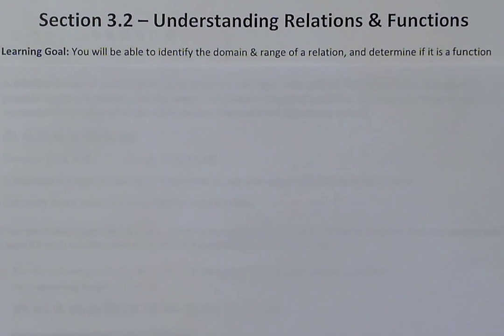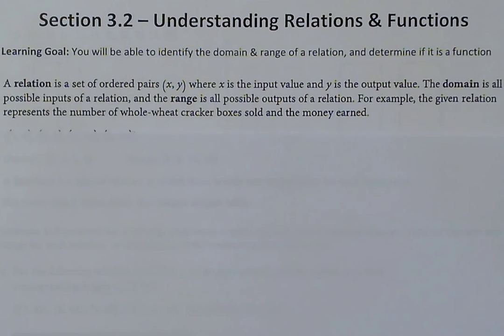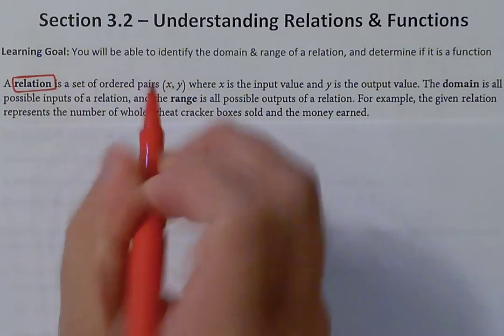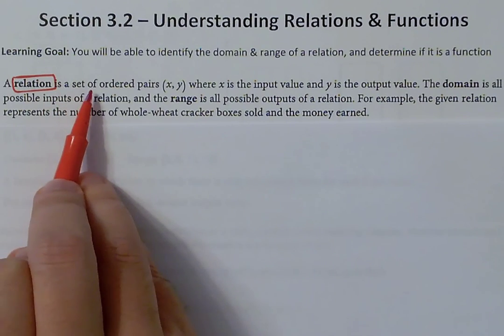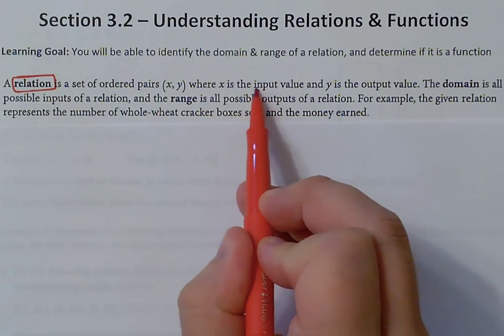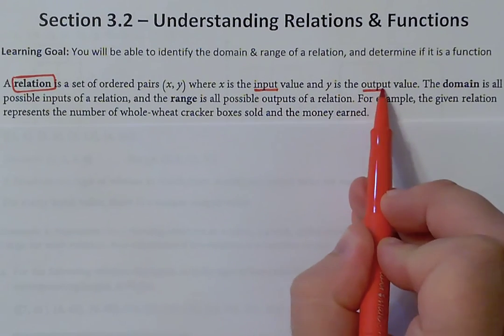Alright, so let's get into some terminology, and we'll go through and explain different parts from there. A relation, so that's going to be the first thing we're going to look at. A relation is a set of ordered pairs, x comma y, where x is the input and y is the output.